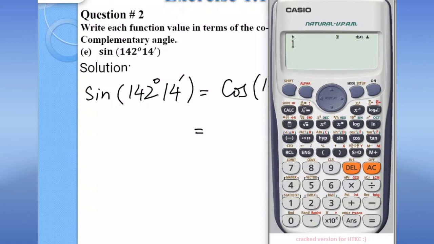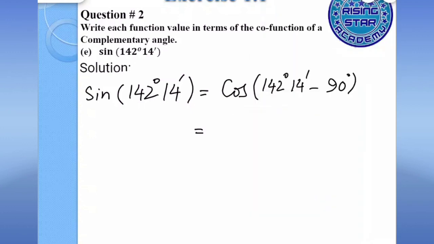So we will write 142 degree 14 minutes minus 90 degree. So the answer would be 52 degree 14 minutes. Let me write. So cos of 52 degree and 14 minutes.